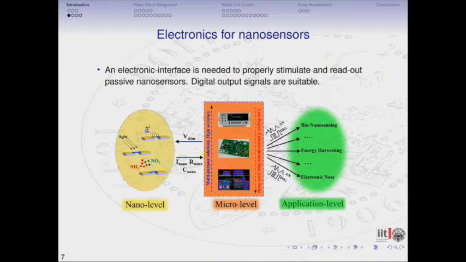If we consider interfacing passive nanosensors, we need an electronic interface able to stimulate the nanosensor and read out the signal. So if we want to interface all kinds of nanosensors, we need something like an instrument, high accuracy and multi-purpose, but this is not a solution that can be integrated in a final device for applications like biosensing.